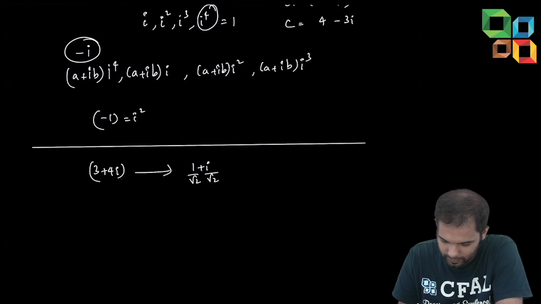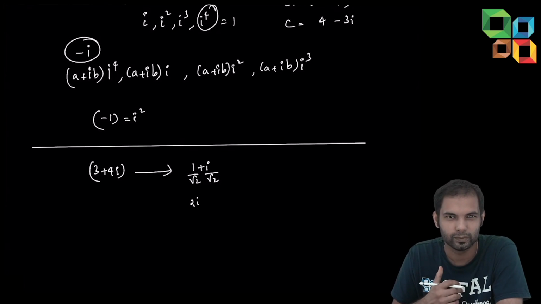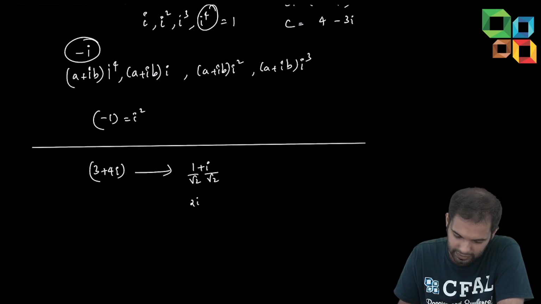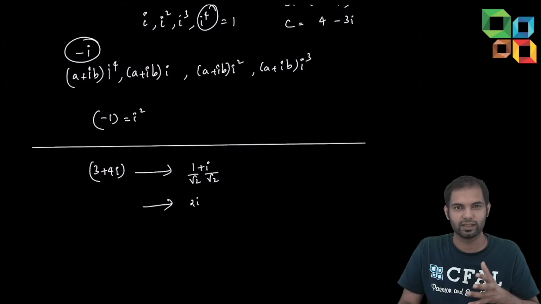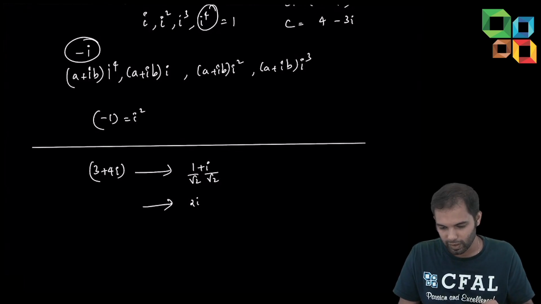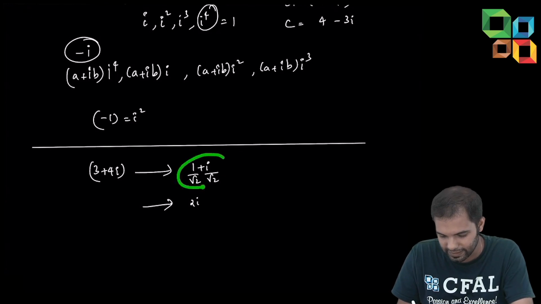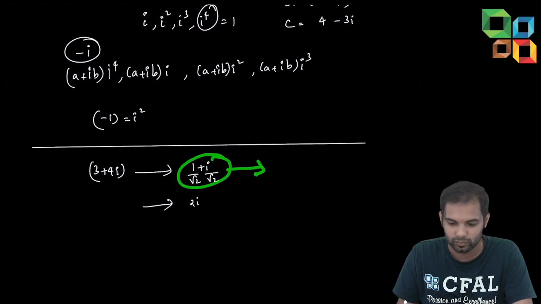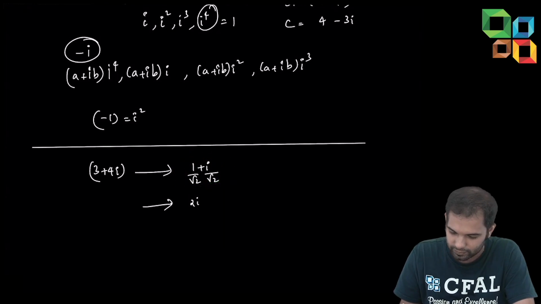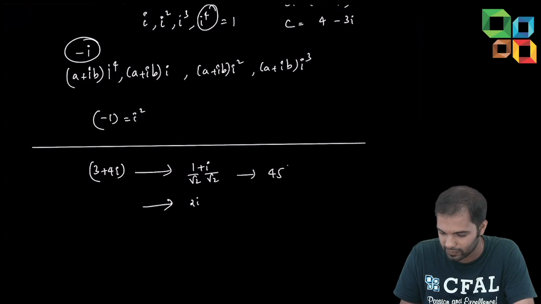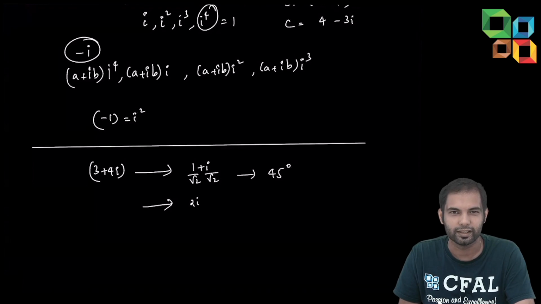Apart from this, you can even try say 2i just to see what is the difference. Multiply with 2i and see what the results are. If you have done this exercise, what you will get is the points will move by an angle of 45 degrees.